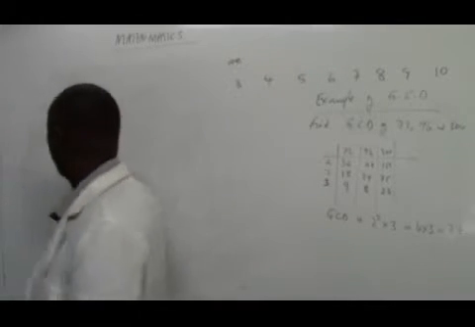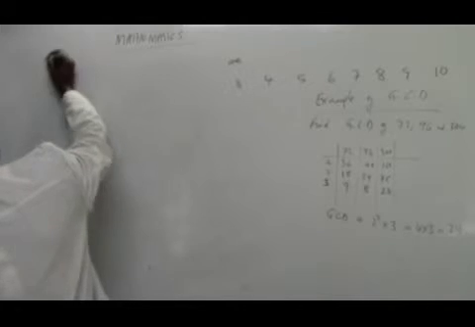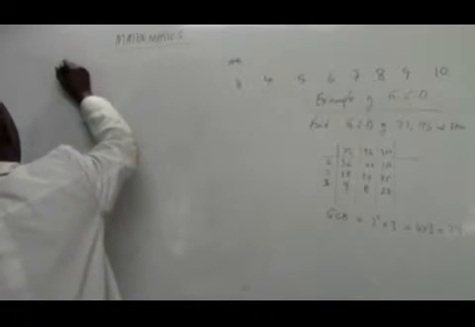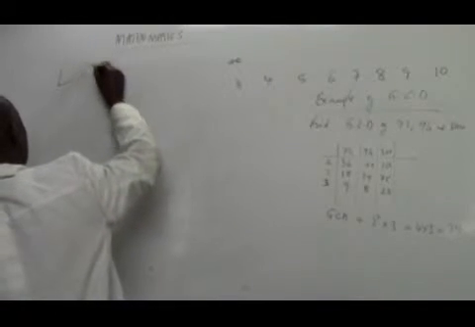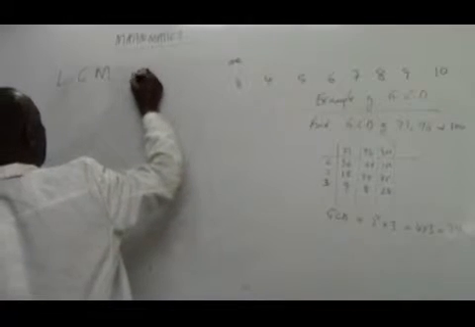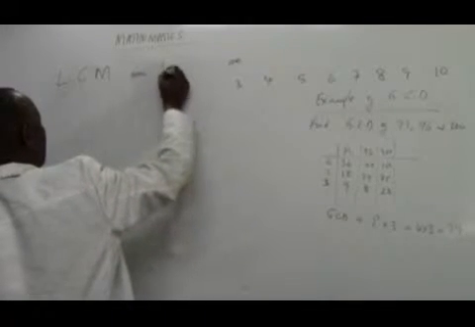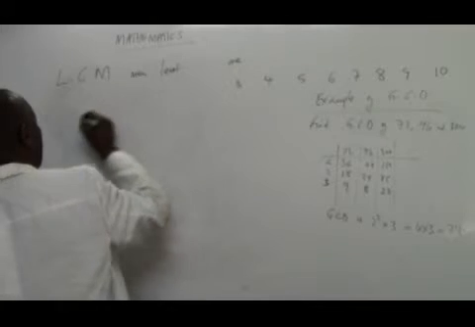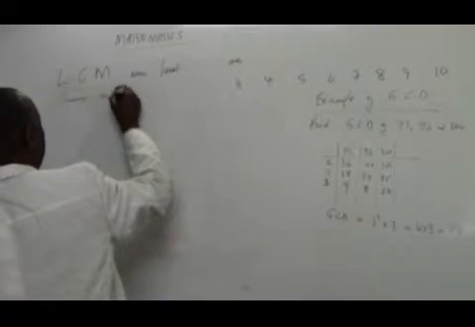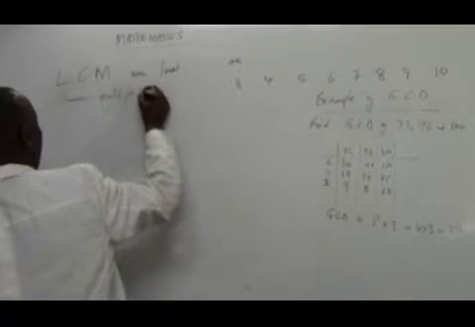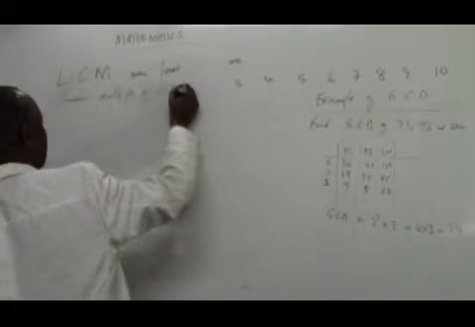So whenever you're talking of LCM, you're talking of a set of numbers. LCM means least common multiple of a set of numbers.